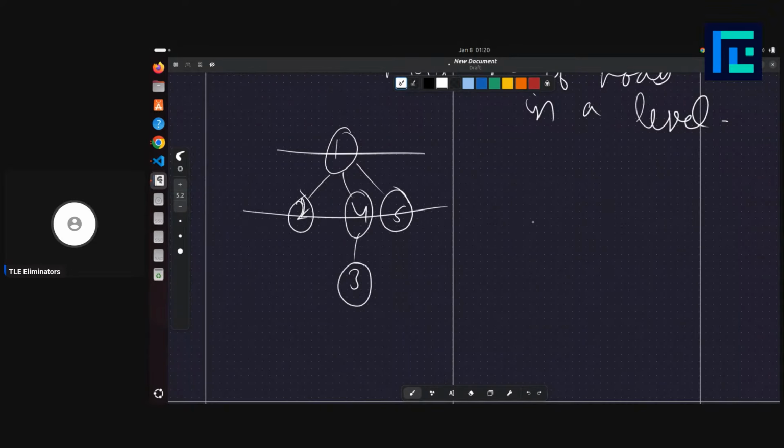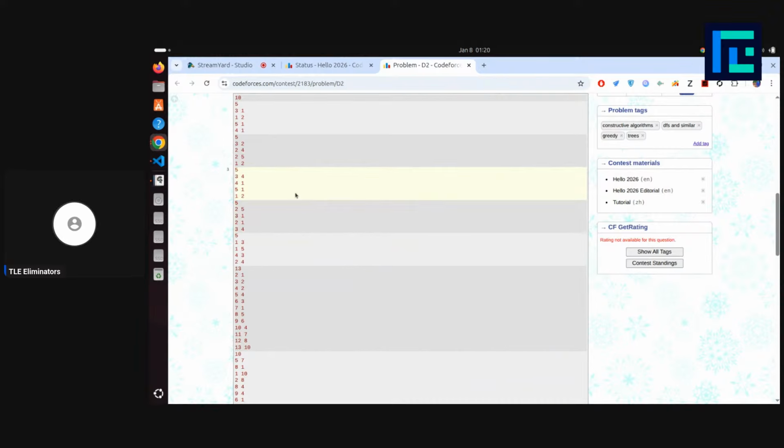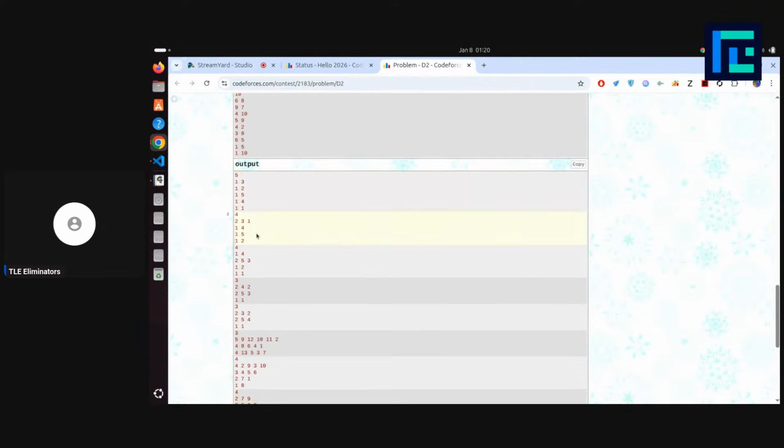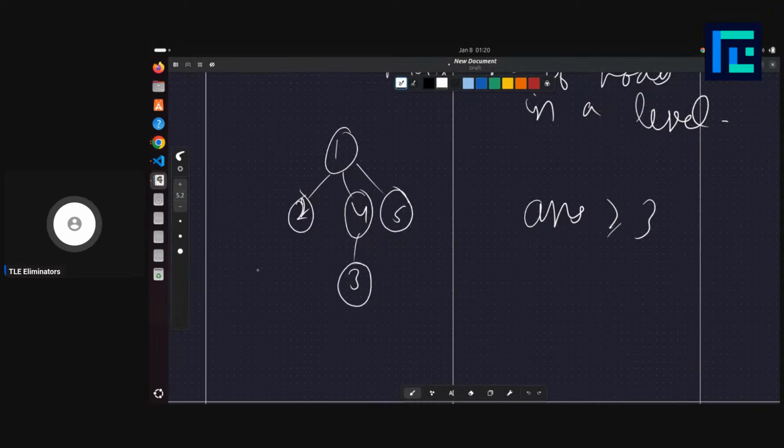So the answer is at least 3, right? But what is the answer in this case? They have given the answer, this is test case 3, and the answer is 4. We need 4 operations to color this tree. They are saying that we can't do it in 3, right?